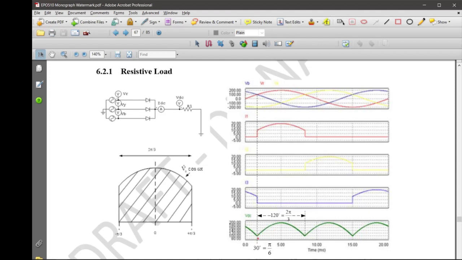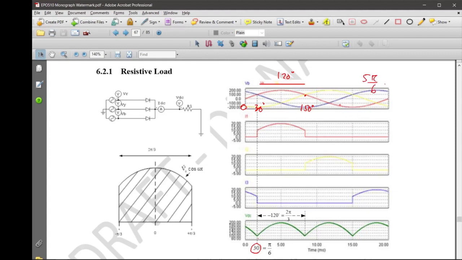You integrate from 30 degree, pi over 6, and we know that the pulse is 120 degree. So the end is 150 degree, which is 5 pi over 6. Yeah, 5 pi over 6.